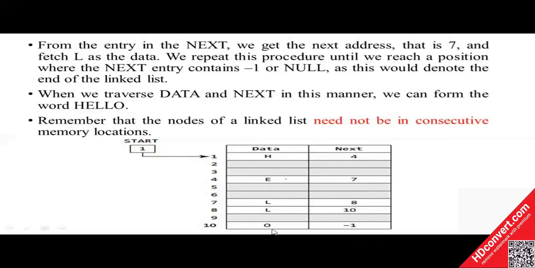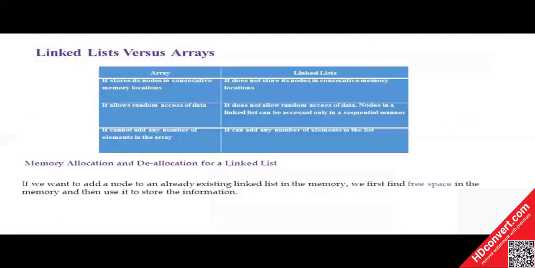Since this is the last node in this linked list, its next field is set to null. Null can be represented either as X or as -1. So this is how the linked list is represented in memory.